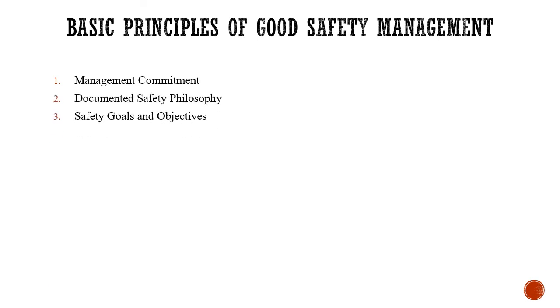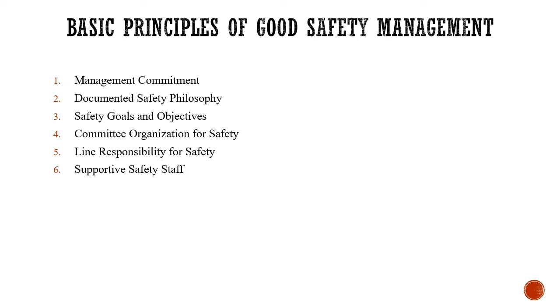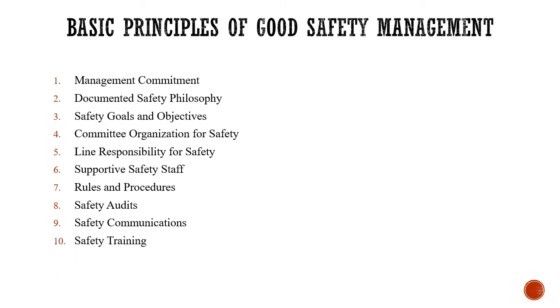Next is the basic principles of a good safety management. It includes management commitment, documented safety philosophy, safety goals and objectives, committee organization for safety, line responsibility for safety, supportive safety staff, rules and procedures for safety, safety audits, safety communications, safety training, accident investigations, and motivation and awareness programs.